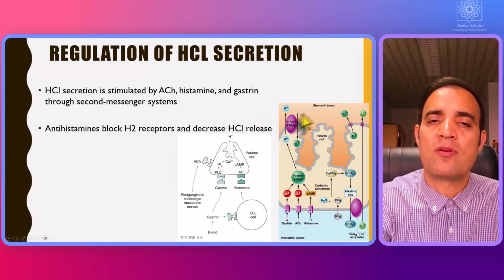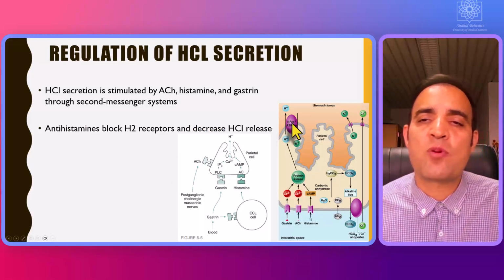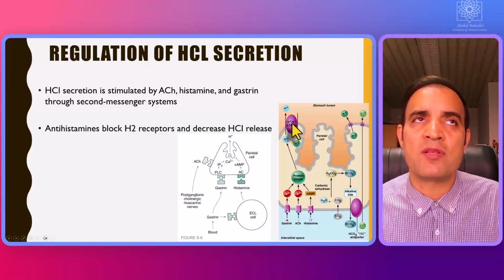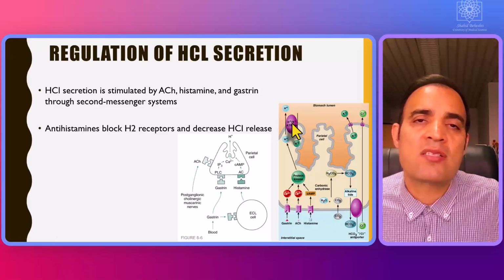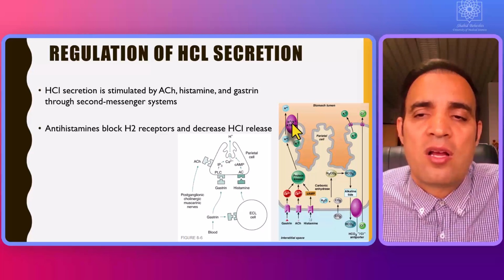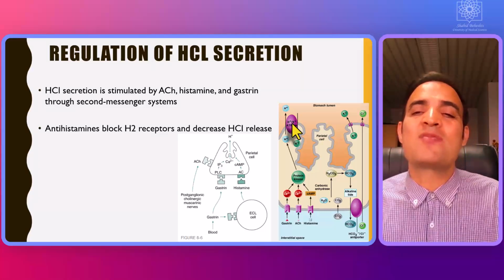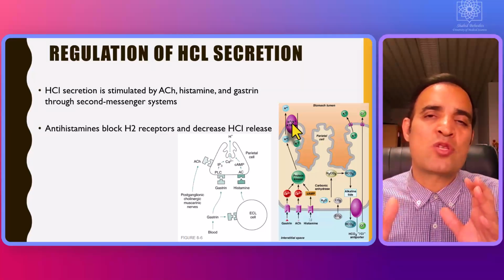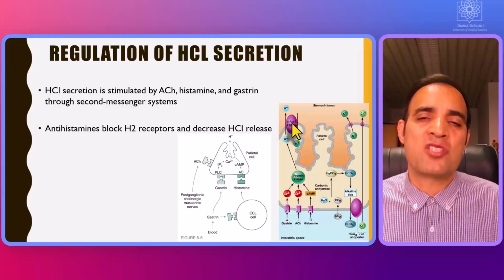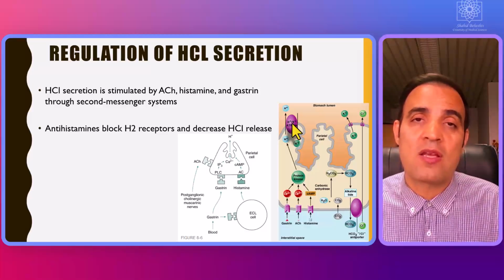If we inhibit this pump, acid secretion will be inhibited. Drugs such as omeprazole use this mechanism to inhibit the hydrogen potassium pump. Therefore, acid secretion may be inhibited.